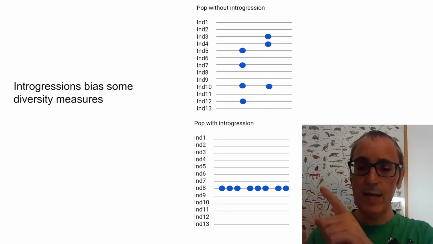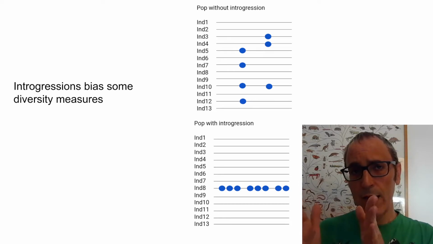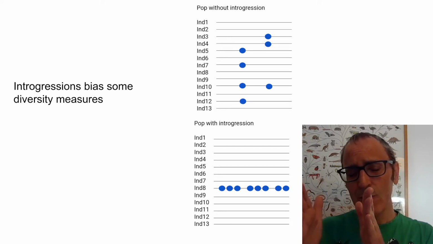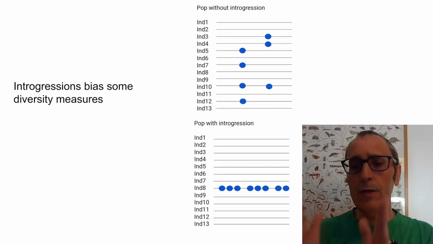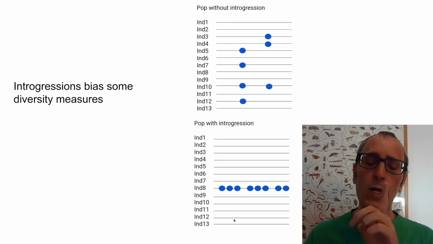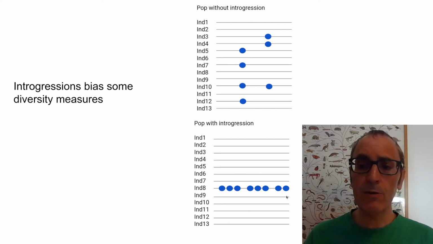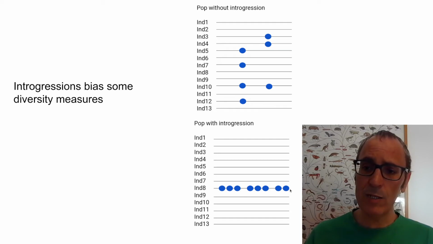So in the receiving population, we now have a haplotype that is quite different from the rest of the haplotypes. Imagine that we have a species in which we have only one haplotype in the region, and now we have an introgression and we have a haplotype that is quite distinct.